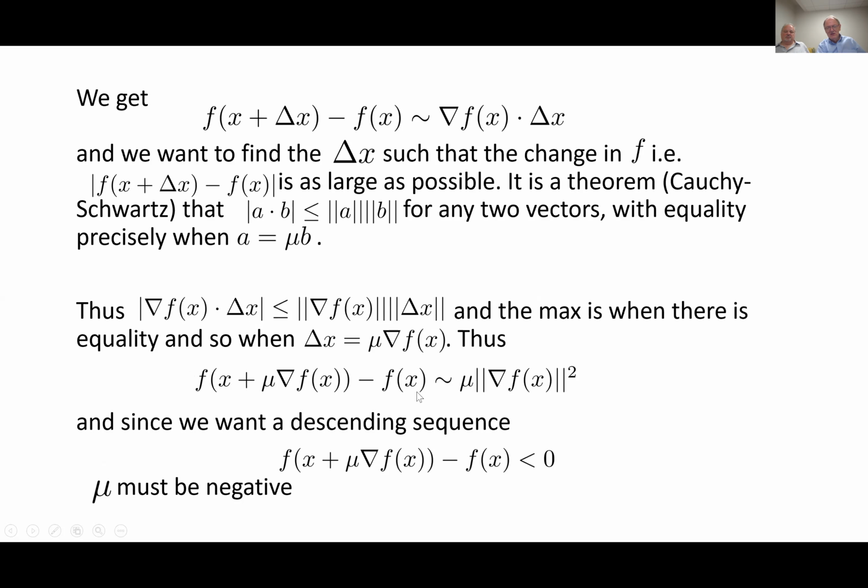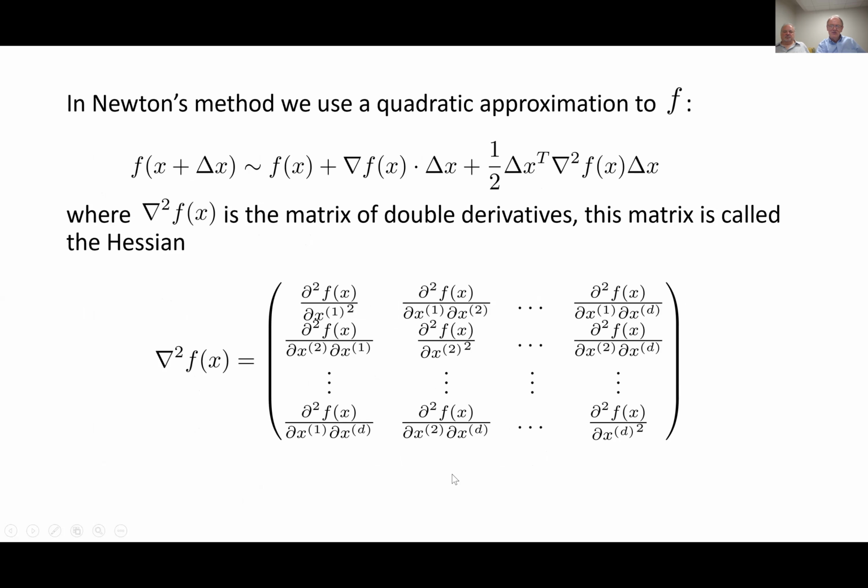When you want this difference to be as small as possible, that happens precisely when delta x is a multiple of the gradient. So it's in the same direction as the gradient, and you want it to be negative. But you can also use a quadratic approximation to f.